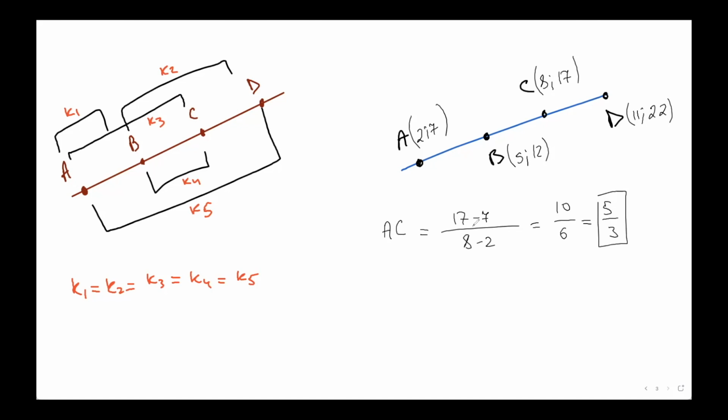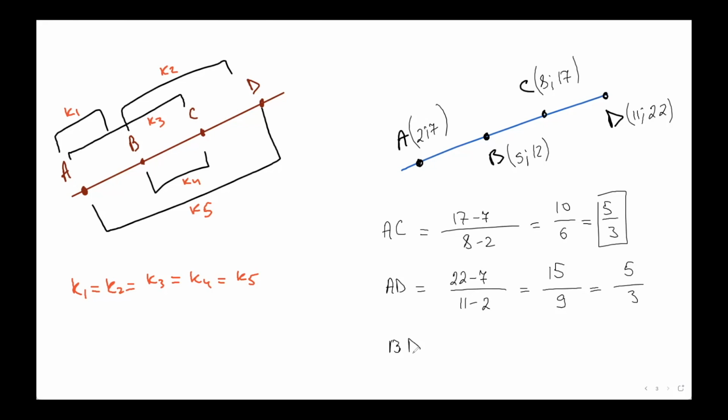What if I use another point? Let's say A and D. Y2 minus y1 divided by x2 minus x1. That is 15 divided by 9. Oh, that is 5/3. As you see, we get the same answer. What if I choose B and D?